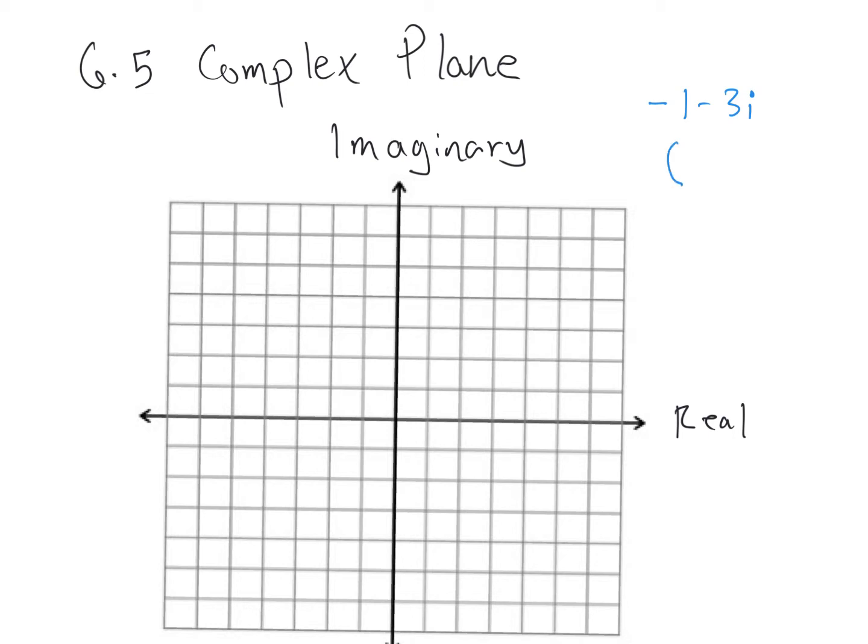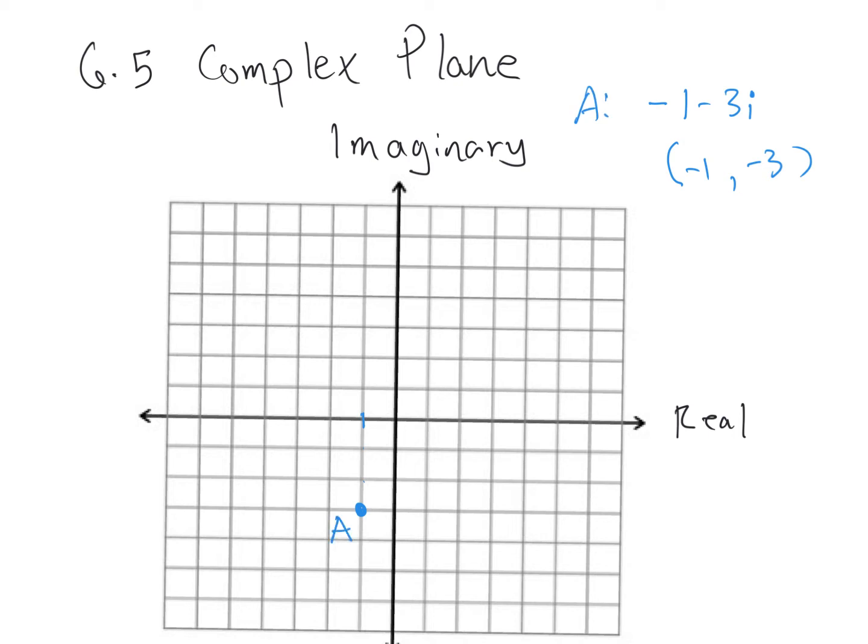My actual coordinate is then -1 and -3, -3 being my imaginary, -1 being my real. So to graph that, I would go over 1, down 3.